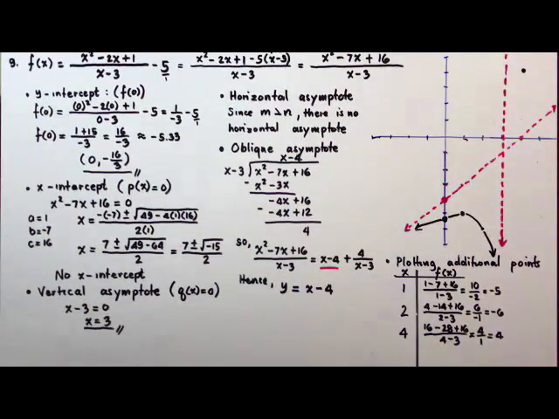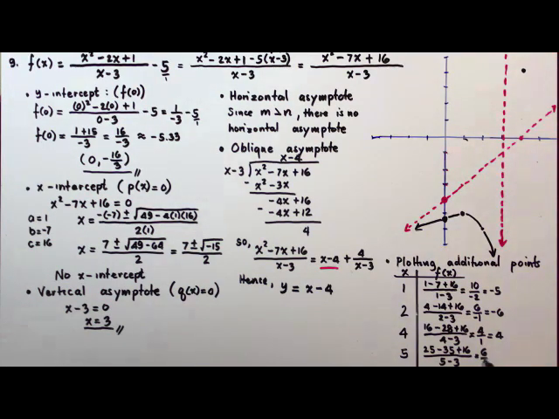And then when your x is 5, substituting 5 here, 5 squared is 25, minus 7 times 5, which is 35, plus 16, all over 5 minus 3. If you simplify, 25 minus 35 is negative 10, and negative 10 plus 16 is 6.